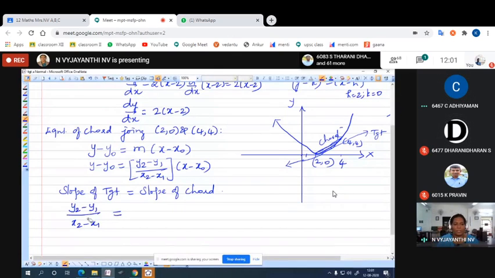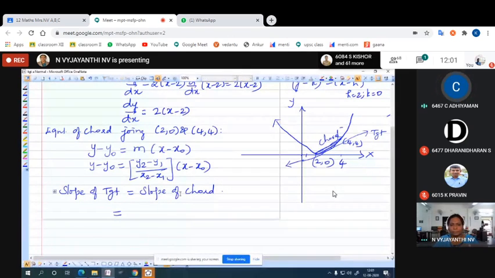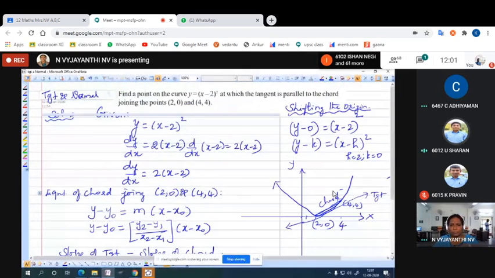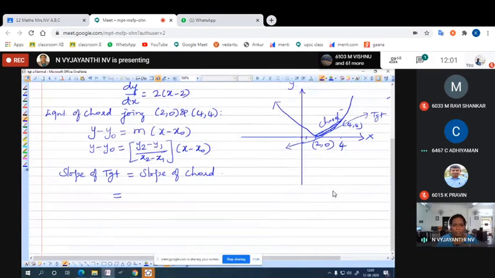Okay. So what is the slope of the tangent? 2 into (x minus 2). Let (x naught, y naught) be the point of contact. So we assume x naught minus 2 times 2 equals (y2 minus y1) by (x2 minus x1). Or we can find the slope here and then substitute.